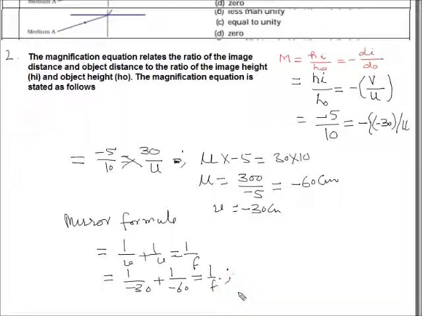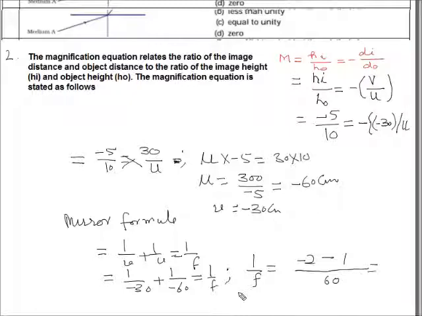So we solve this mathematically for the value of f. So I just do it here. 1 by f is equal to, we take the LCM. The LCM of 30 and 60 is 60. So this becomes minus 3 to the 60, so minus 2, and 60 into 1, that is 60, so minus 1.